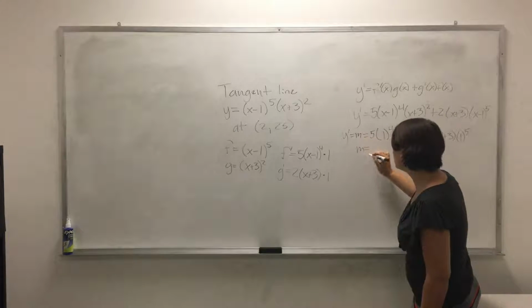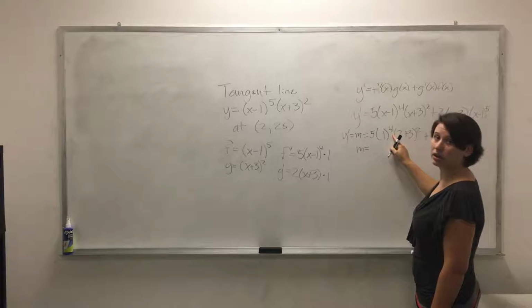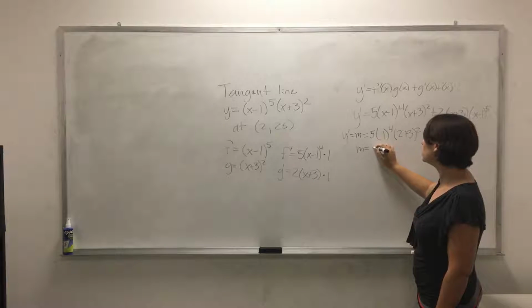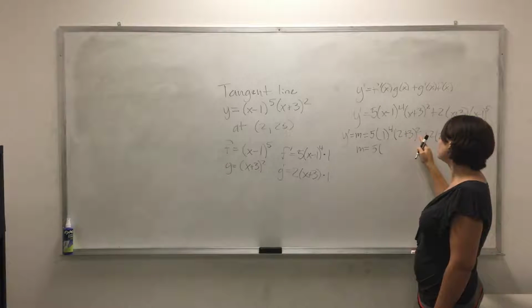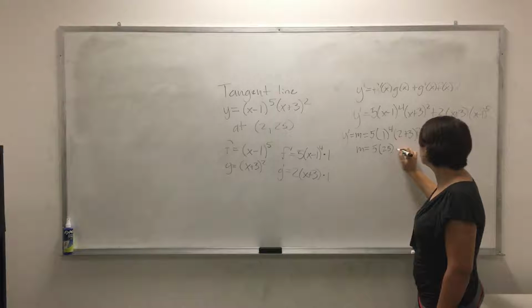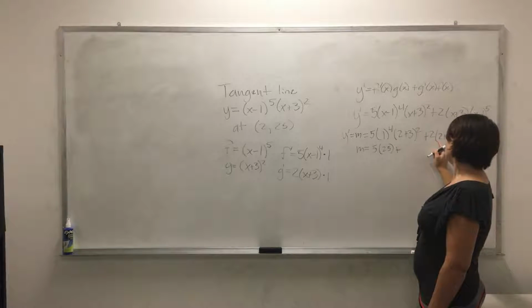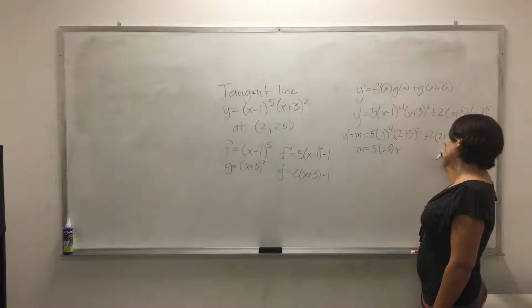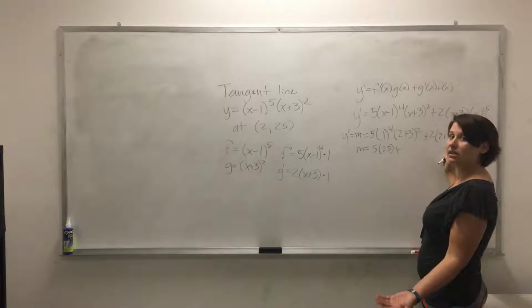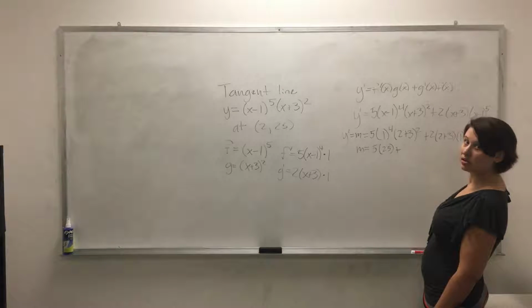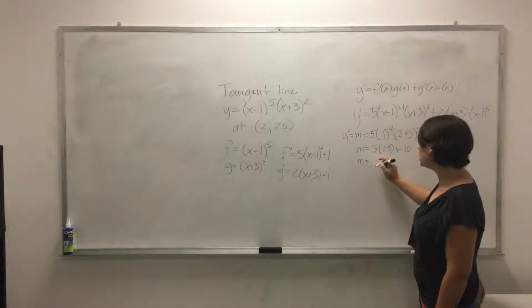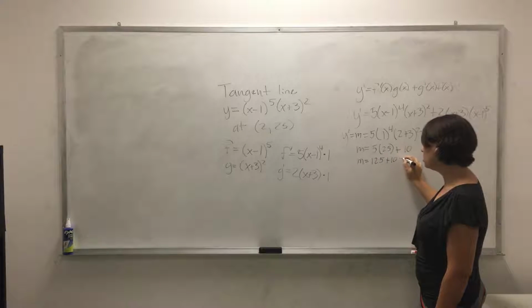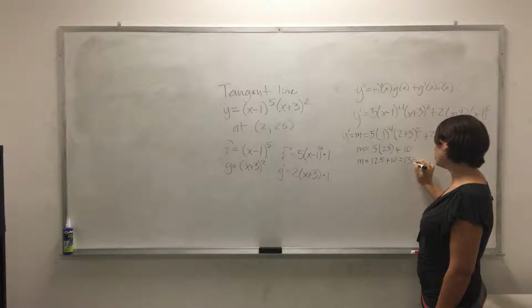So our slope is then, well, 1 to the 4th is 1, so 5 times (2 plus 3) is 5, squared is 25, plus 2 times (2 plus 3) is 5, so 2 times 5 is 10. 1 to the 5th is 1, so just 10. So then our slope is 5 times 25, which is 125, plus 10, or 135.